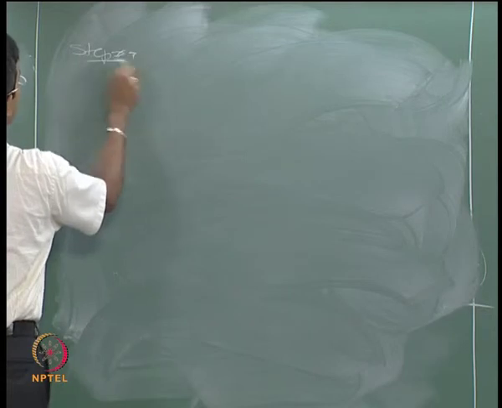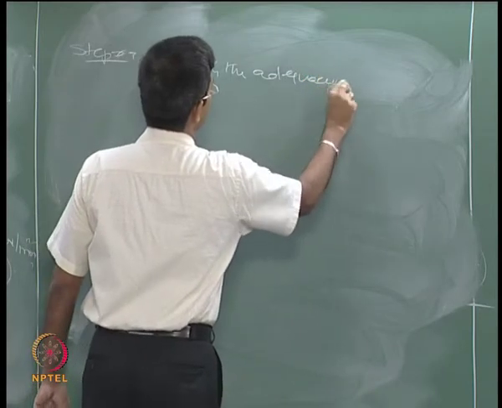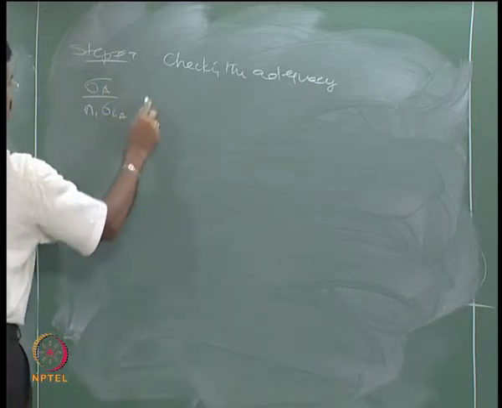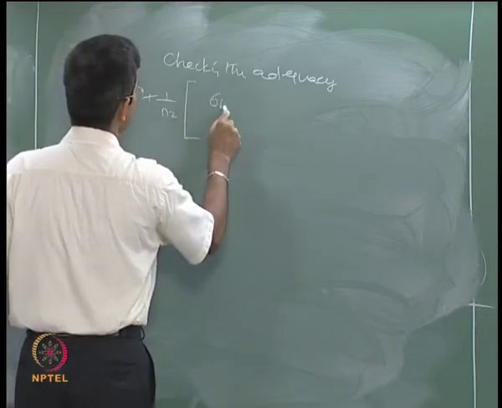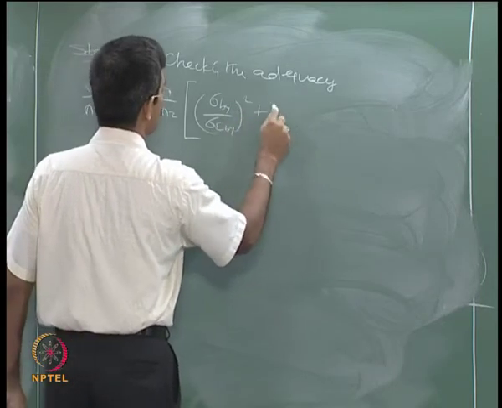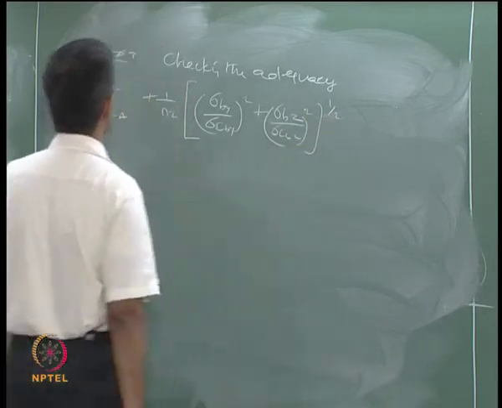So, last step, checking the adequacy. Come back to the same equation: sigma A by N1 sigma Ca plus 1 by N2 of sigma By by Cby permissible value, Bz by Cz permissible value, raised to the power half.